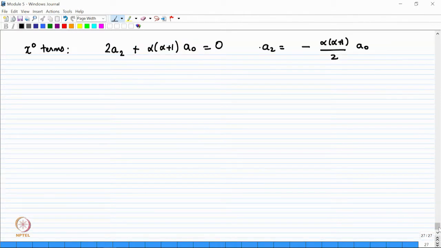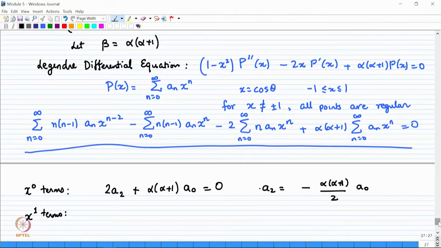Okay. Now, we can go ahead. What about x raised to 1 terms? If you want x raised to 1 in the first term, then n has to be equal to 3. So you have 3 into 2, that is 6, and a_3, so you have 6 a_3. In the second expression n has to be 1, but if n is equal to 1, then n times n minus 1 goes to 0, so you do not have any term here.